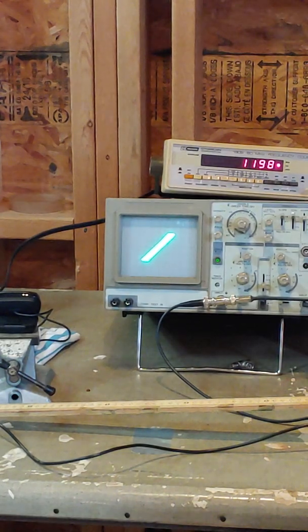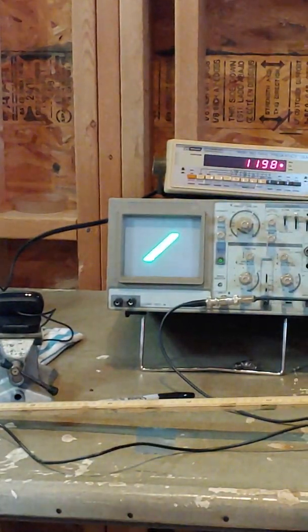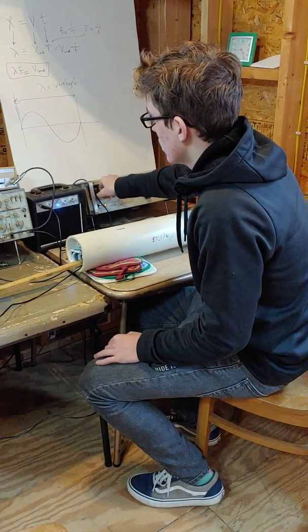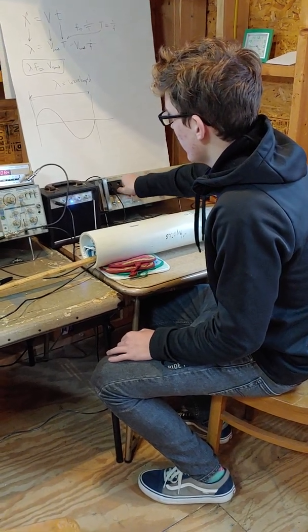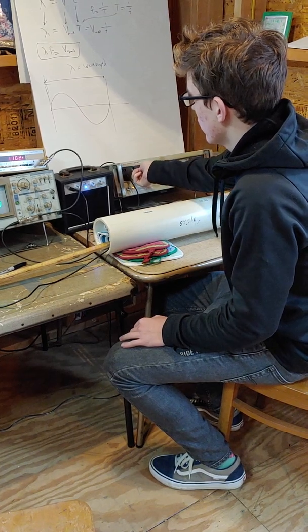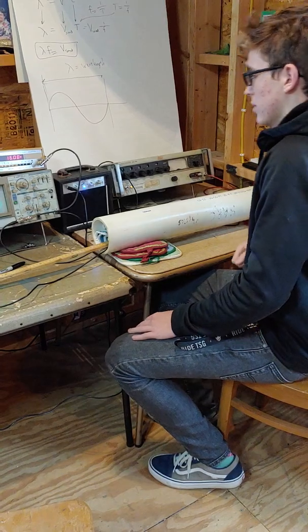Okay, Gabe. Now you do it. Okay. We'll switch. All right. Go ahead and pick a higher frequency. Yeah, so I'm just trying to find a higher one. How about that? Sounds good.